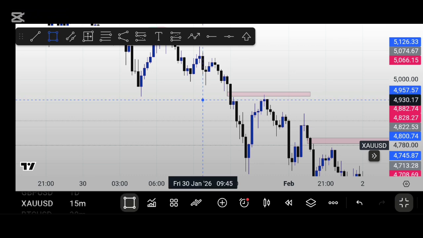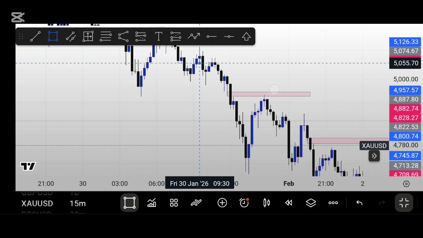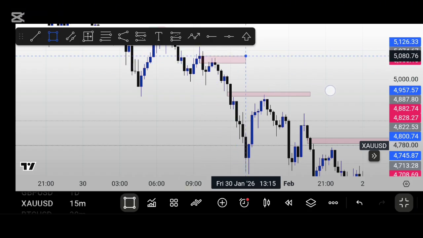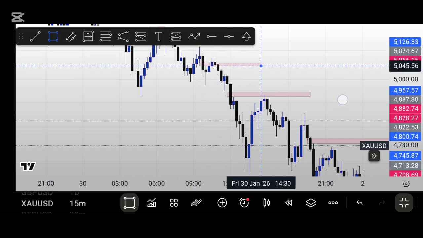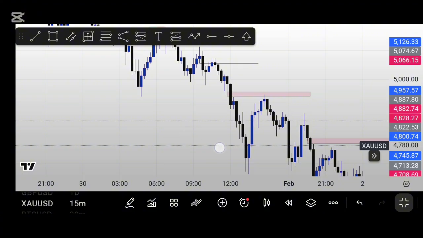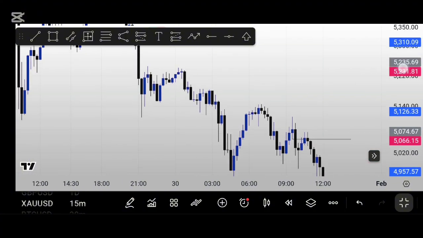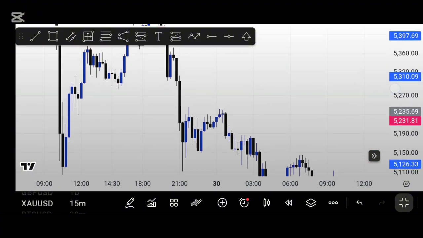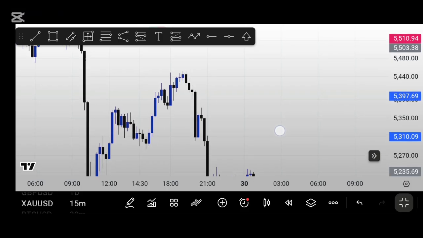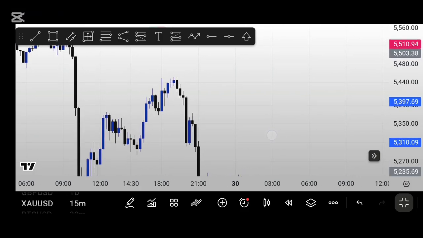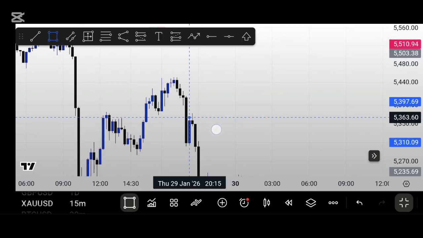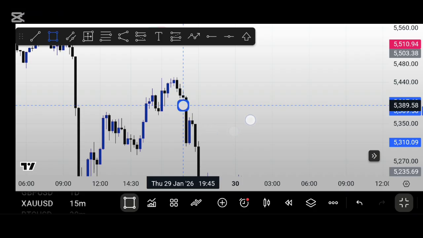So let me show you more examples. This is an FVG. On your whole chart, you will definitely see two candles having a gap. Okay, this is a gap. This is an FVG.